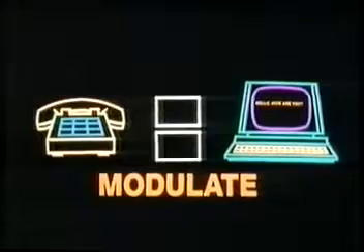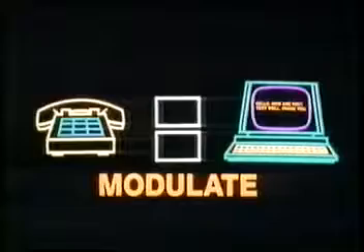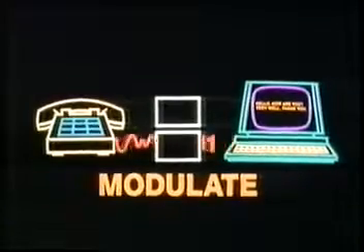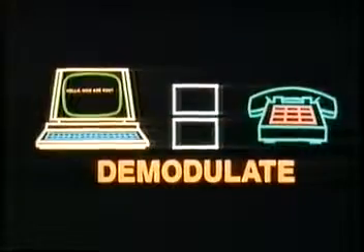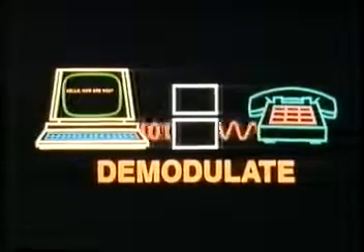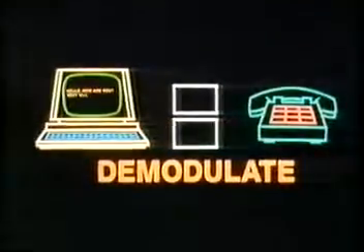To make it two-way communication, computer B needs a second black box to modulate its owner's message to you from computer talk to telephone talk. And computer A needs a second black box to demodulate that message from telephone talk back into computer talk.